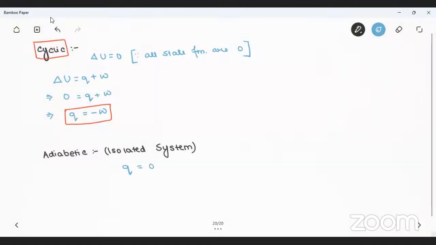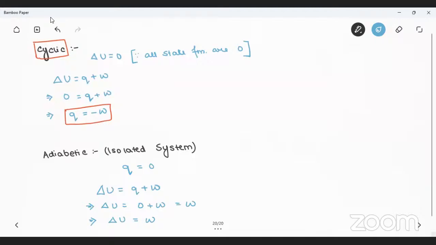There is no heat transfer. So, according to the first law of thermodynamics, delta U is equal to Q plus W. So, delta U is equal to 0 plus W. So, delta U is equivalent to W.